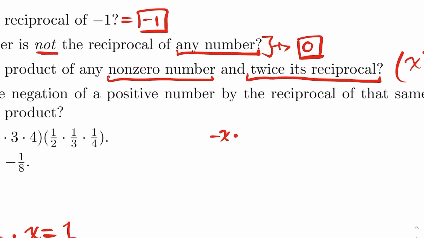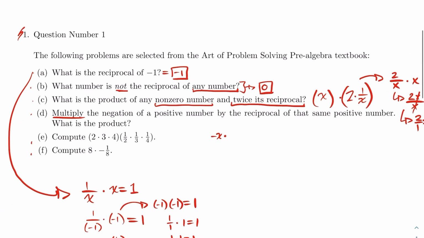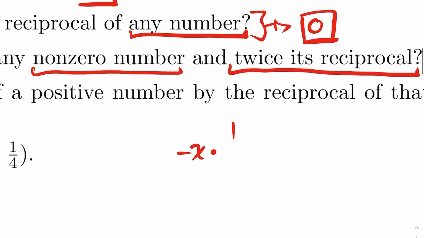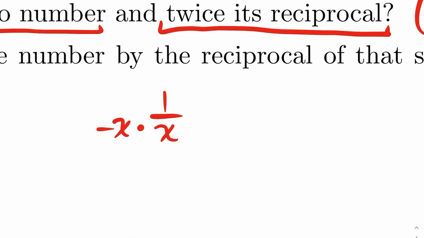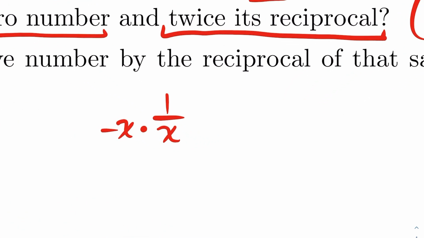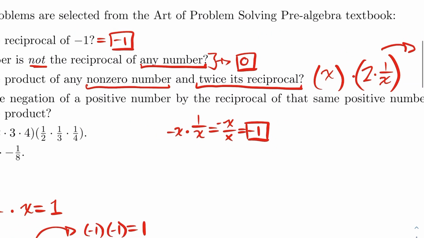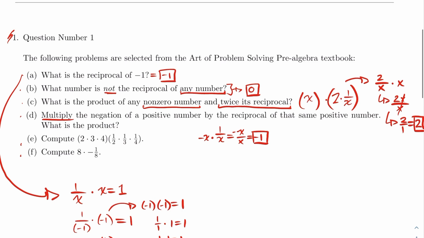So we have -x by the reciprocal of that same positive number, which is 1 over x. We do -x times 1 over x, which is the same thing as -x over x, which is the same thing as -1. And so our answer is -1.